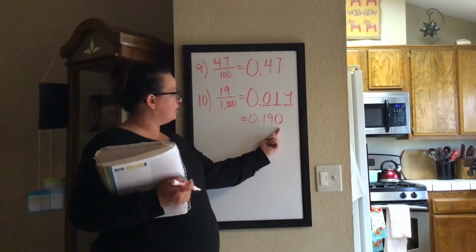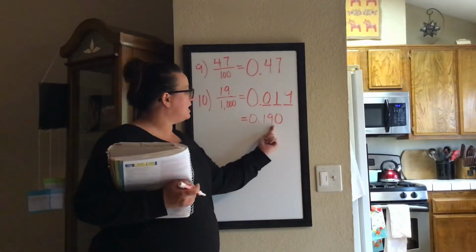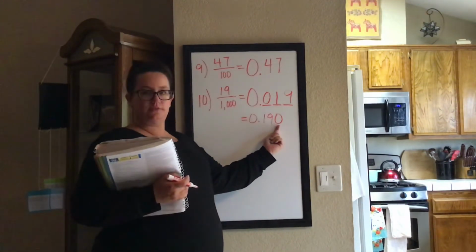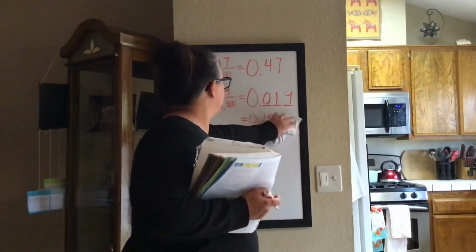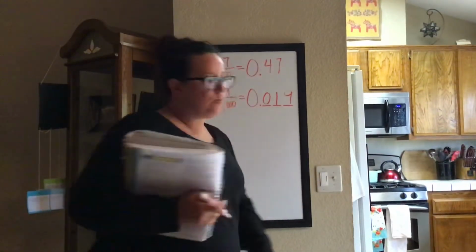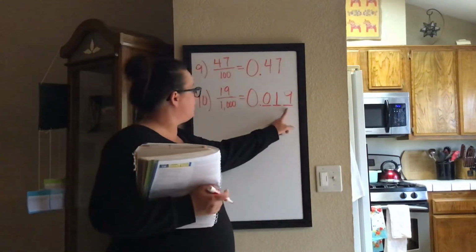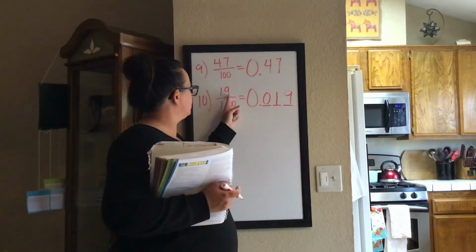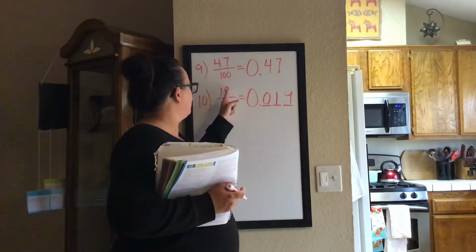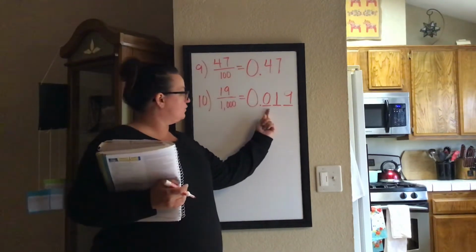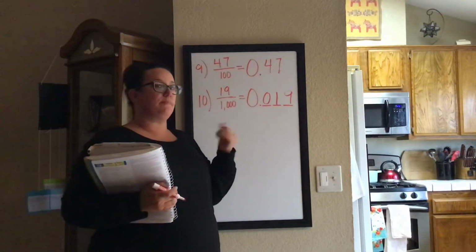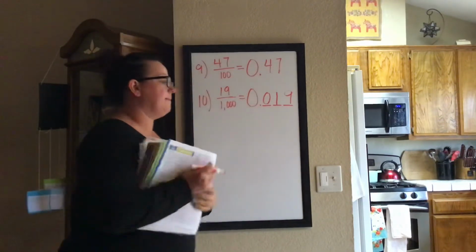If I added a 0 here, that's 190 thousandths, okay? So, make sure that you know what place value you need to end up in, and that's where this needs your, well, what would be the ones? This needs to go here, okay? And sometimes you need to fill in zeros before the number, not after, but before, okay?